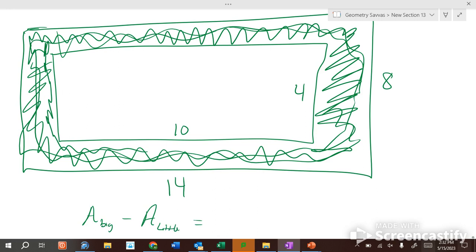Area of the big is 14 times 8. Area of the little is 10 times 4. 14 times 8 is 112. 4 times 10 is 40. So the area of the shaded region is 72.